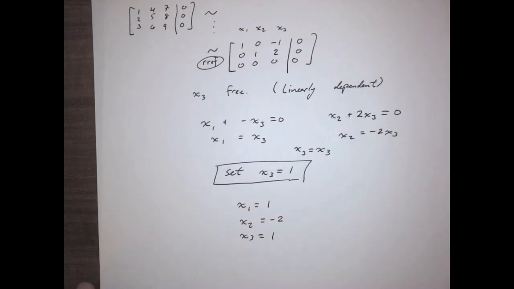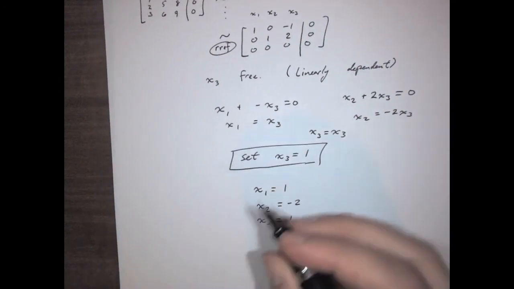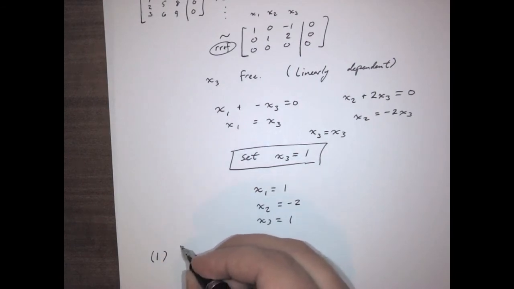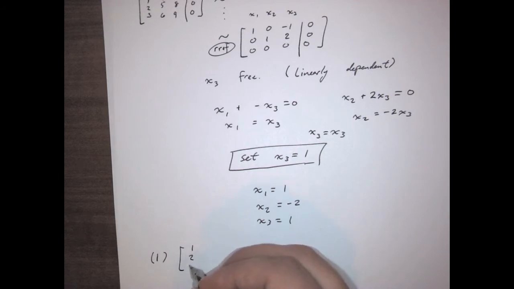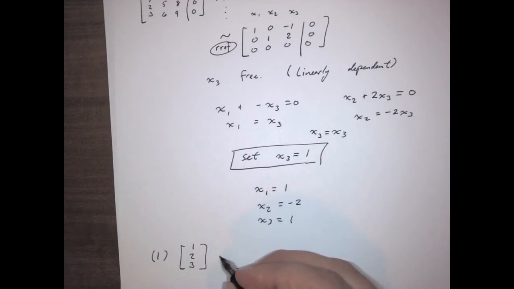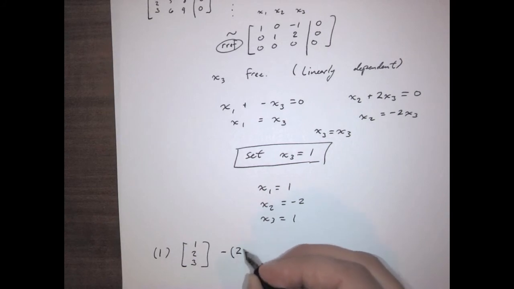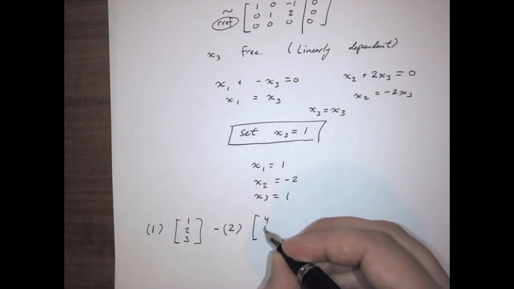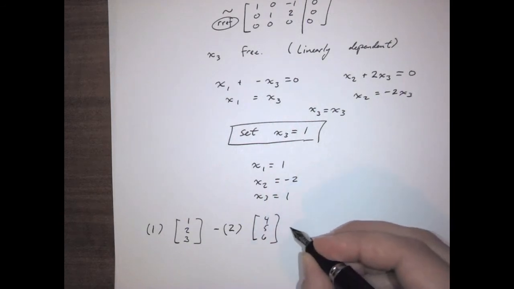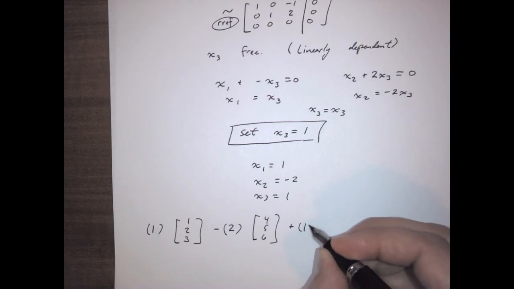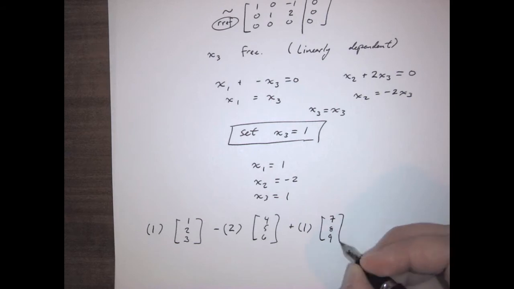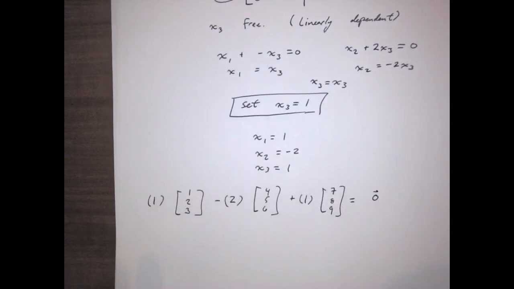Which means here is a linear combination of the three vectors that will equal 0: 1 times 1, 2, 3, minus 2 times 4, 5, 6, plus 1 times 7, 8, 9 will equal 0.